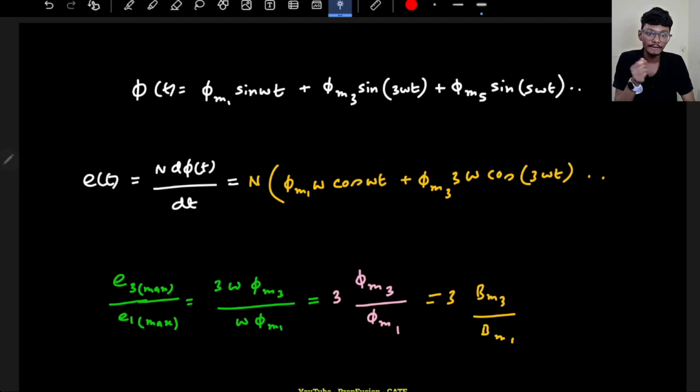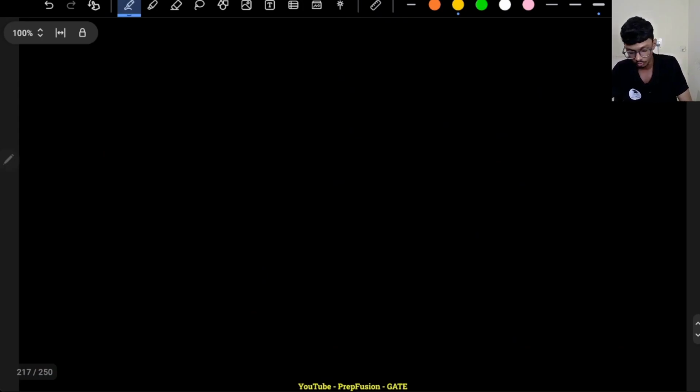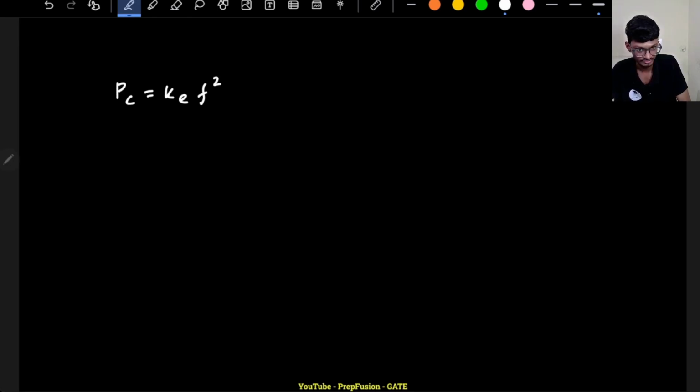Now what will happen to the losses, core losses basically? So I know what my core losses are. If you remember, my core loss is equal to the eddy current loss, that is Ke, the eddy current constant, proportional to F square and Bm square. Volume is already inbuilt in Ke, because volume is constant.